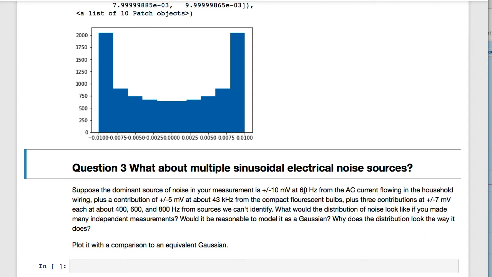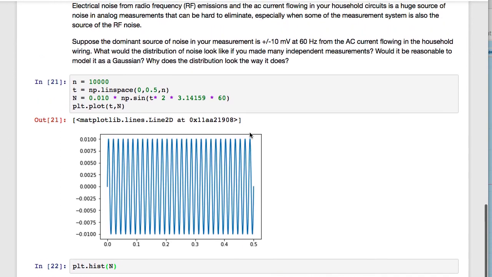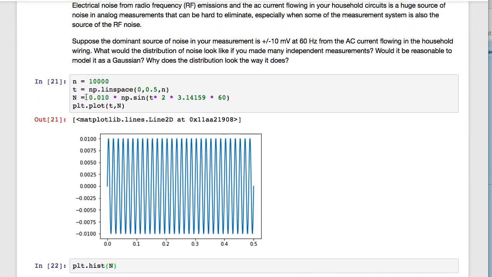Well, now we've got 5 different sources. We've got the 60 hertz noise, we've got some other noise here and some other noise here. We're going to have not just one of these sinusoidal noise sources, but multiple ones of those added together to make our N.